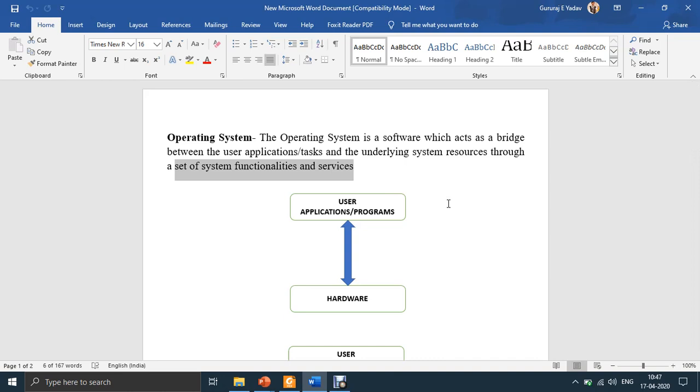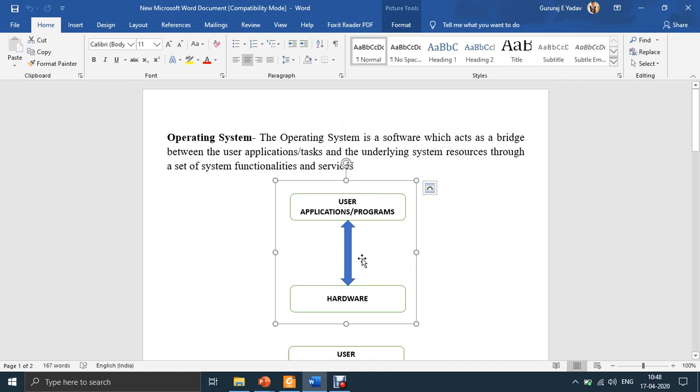That is why it is installed. To overlook the operations, to supervise the operations, or to do multitasking, it has to perform some functionalities or services. We shall later discuss what system functionalities and services it will offer.